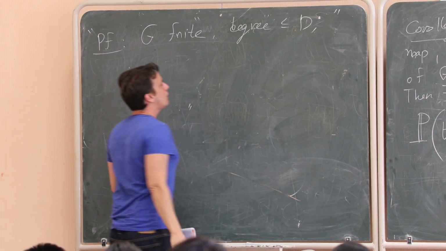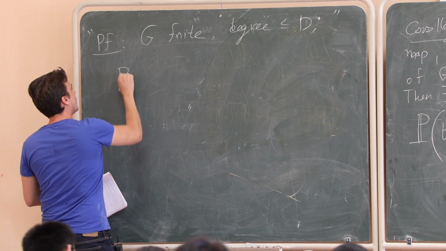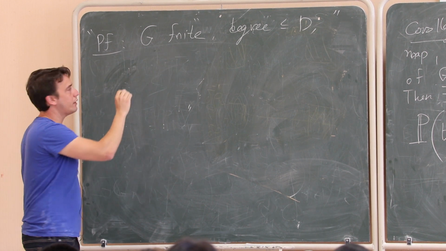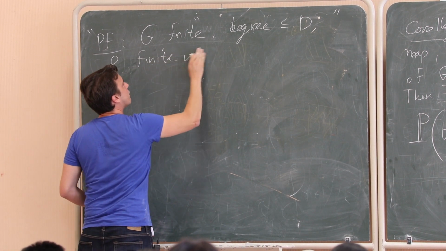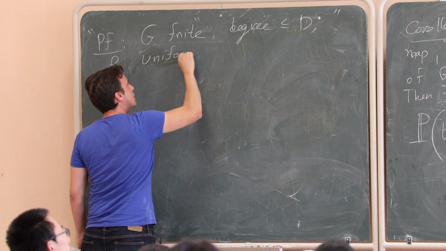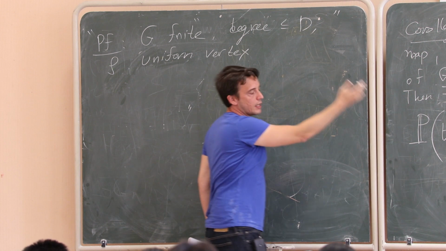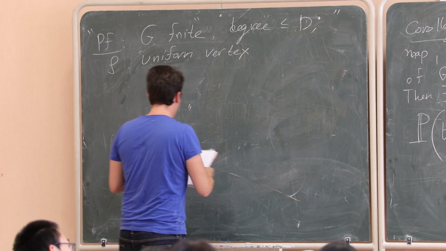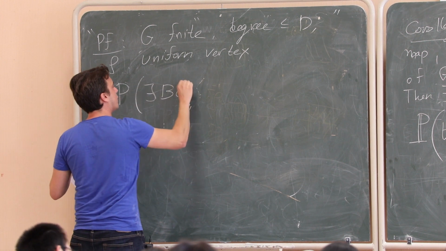my claim is that the probability, right, I have a fixed graph, and rho is a uniform random vertex, exactly in the setting of the corollary.